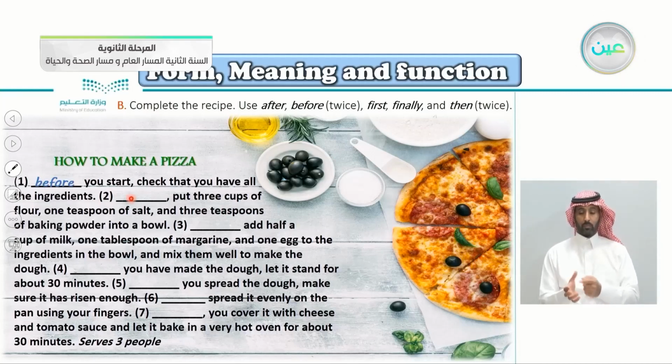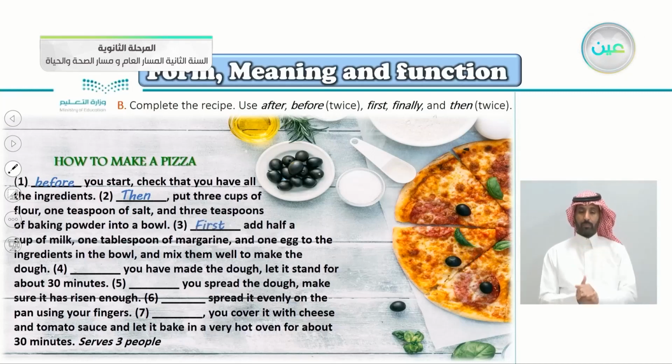So the first step here, put 3 cups of flour. So we say, yes, then put 3 cups of flour, 1 teaspoon of salt, and 3 teaspoons of baking powder into a bowl. Number 3 here, add half a cup of milk. So what do we say here?